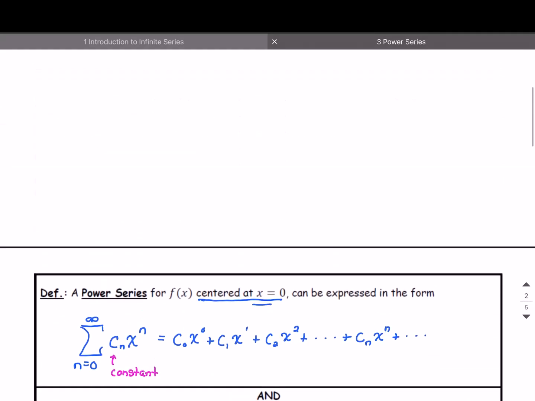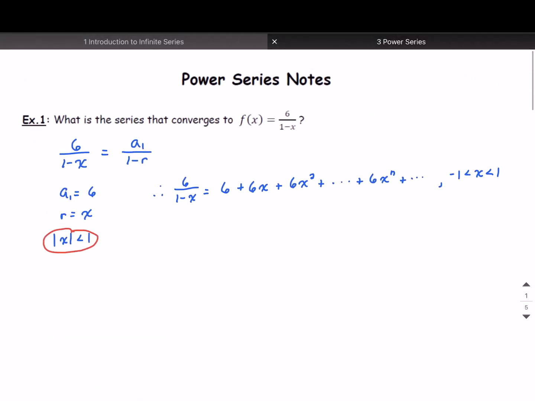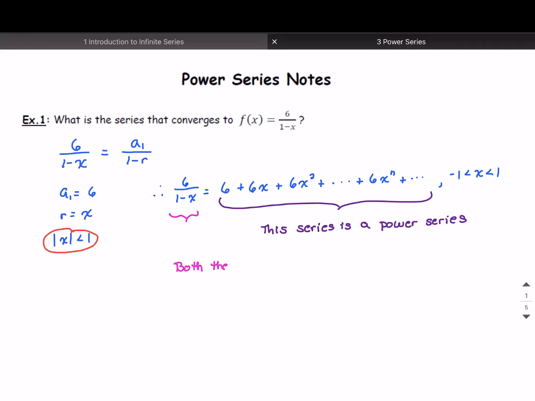Now, we just mentioned a power series, and I want to go back to this first example. So if we look at this example, this series is a power series. And not only that, but both the series and the function are centered at x equals 0.